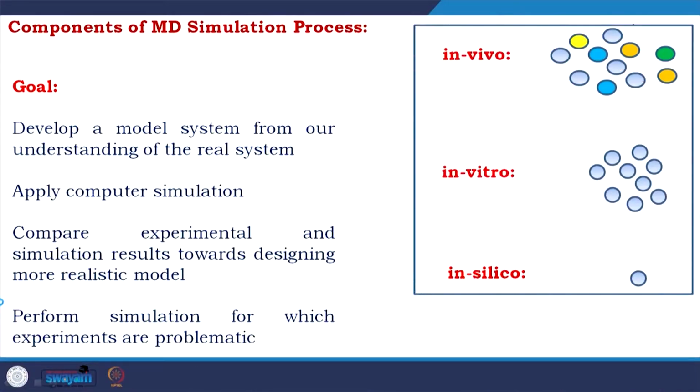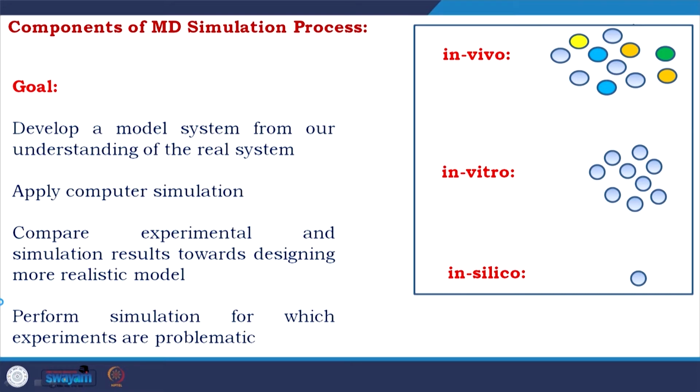you could perform simulation. I talked about comparing the experimental systems. In vivo, which is inside the body, if we are talking about a protein, there is a mixture of proteins.